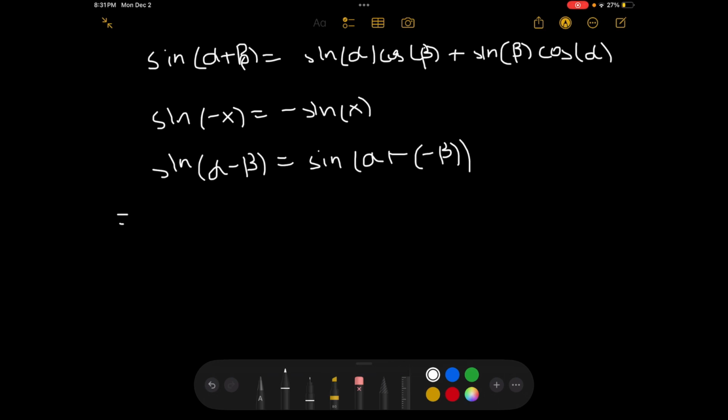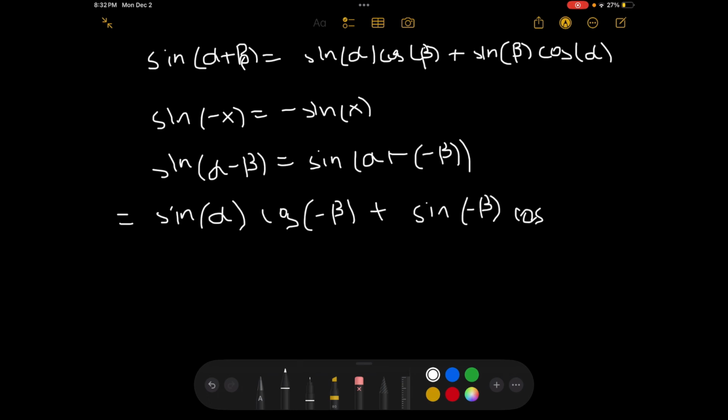So this is just equal to sine of alpha times cosine of minus beta, adding on sine of minus beta times cosine of alpha.